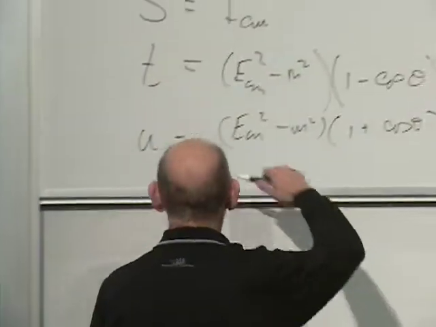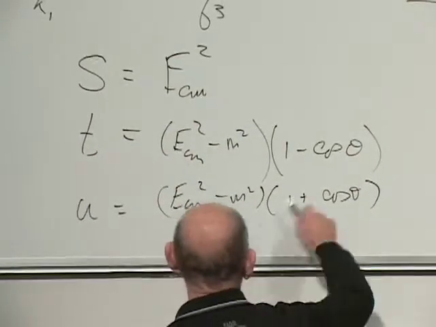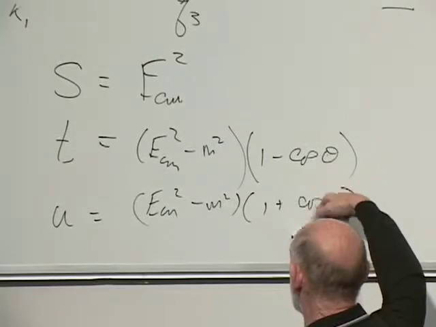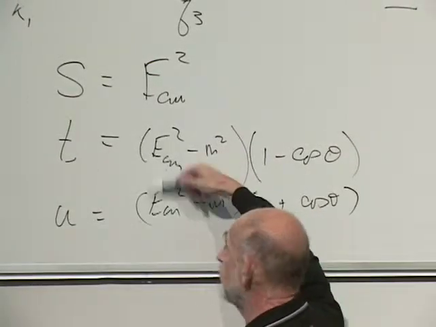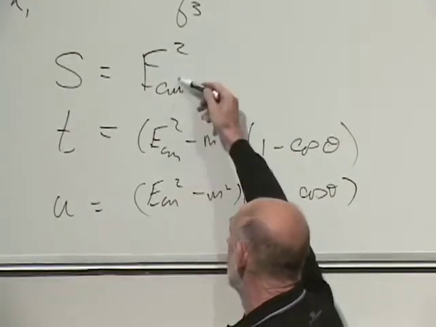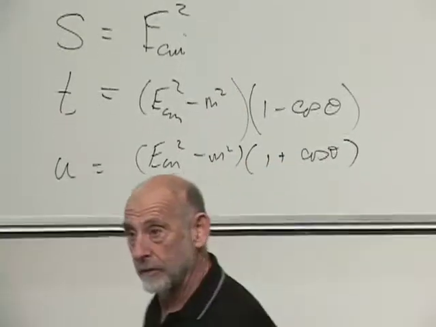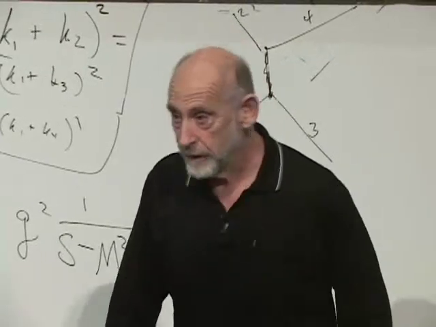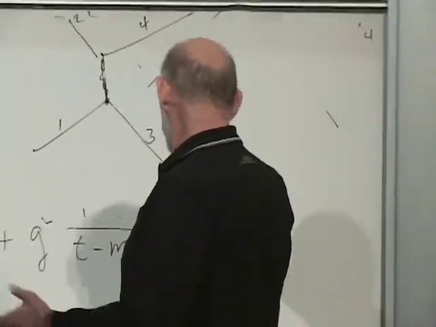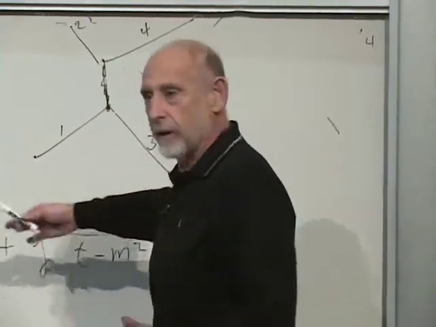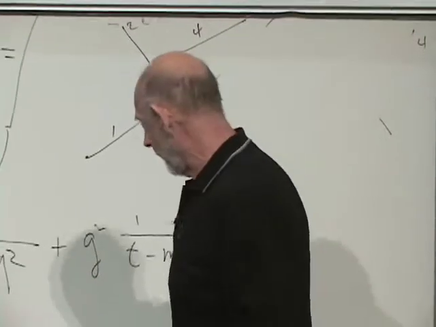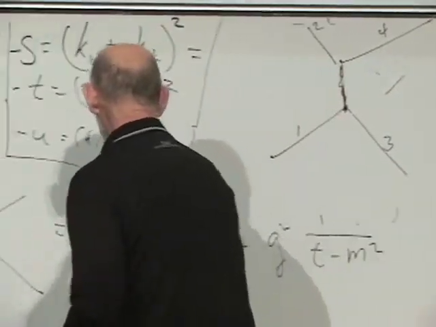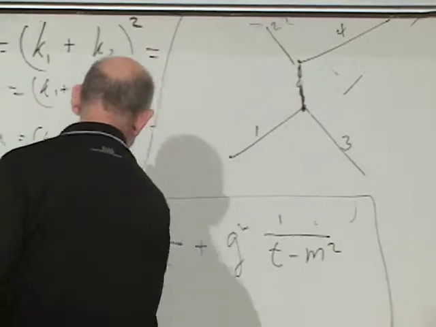Another way to say it is if you add S and U, you'll cancel out the angle altogether, and you'll get just a function of energy, which is clearly dependent only on S. Right. But they're separate Feynman diagrams, and in general you have to add them all. Okay. But I want to focus on this here.